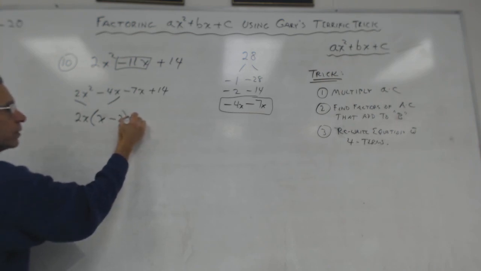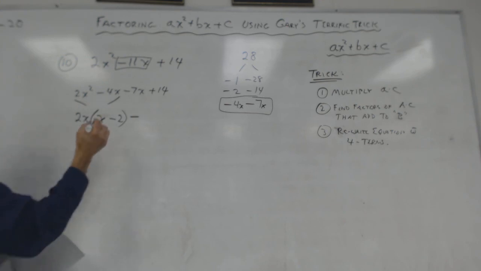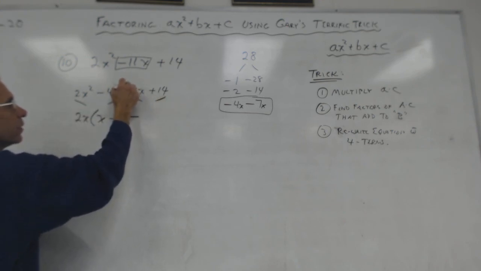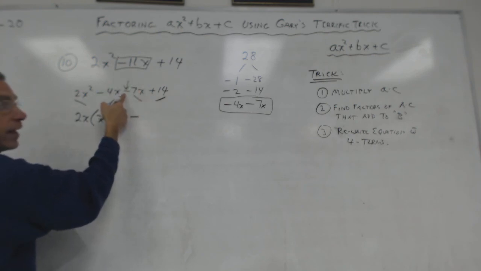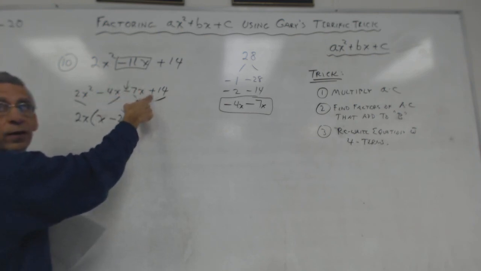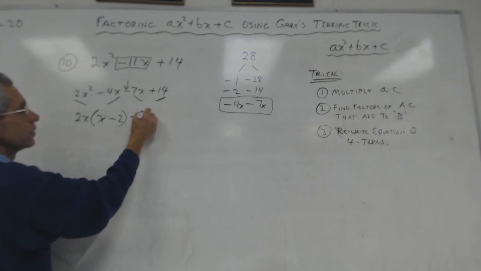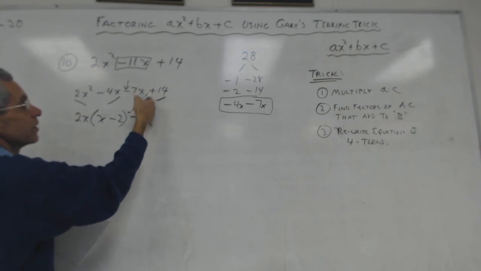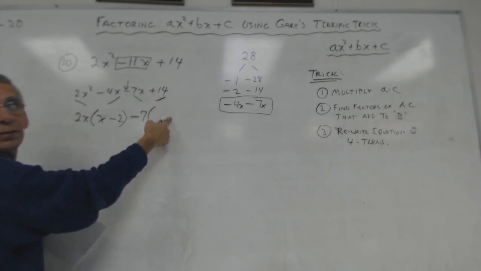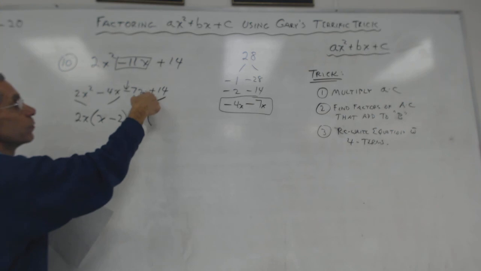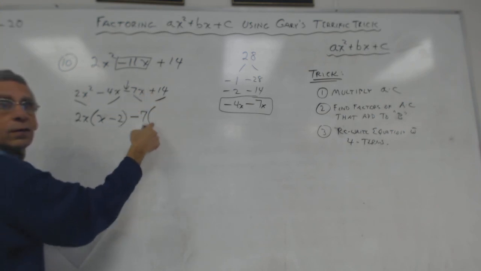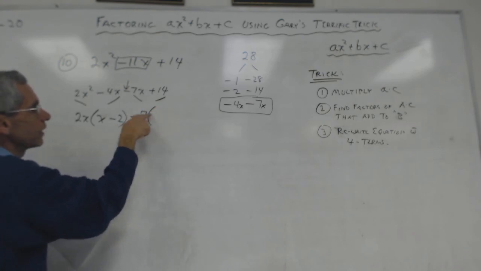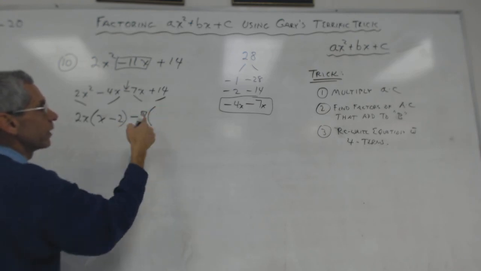Now remember this? I don't know if I've explained this, but I think I did. See how the groups are connected by a negative sign right here? When I do that, that negative sign does not affect this plus sign right now. But as soon as I do this, 7 parentheses, I've got to change this sign to its opposite sign in here, because negative times negative would be positive. Follow me? When that's a negative, as soon as I put this parenthesis, I'm thinking of it as I've got to multiply everything by the negative.